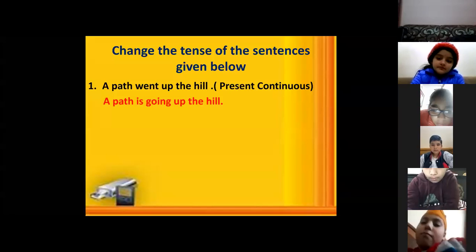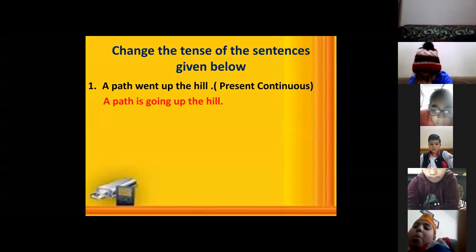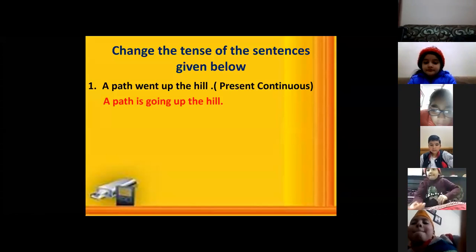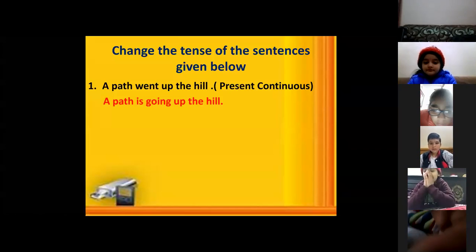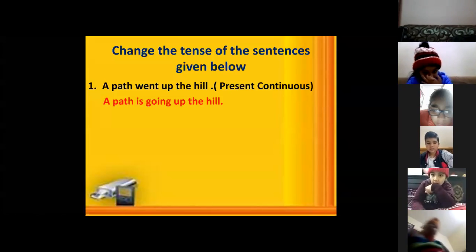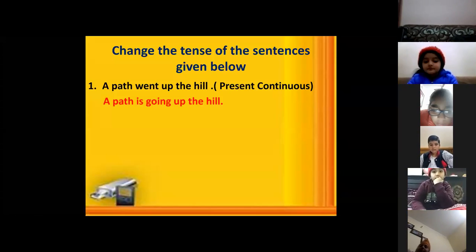Past tense is half correct. What is the complete answer? Yes, Meherdeep, you are right. It is simple past tense, because in simple past tense we use the second form of the verb. A path went up the hill is in simple past tense.